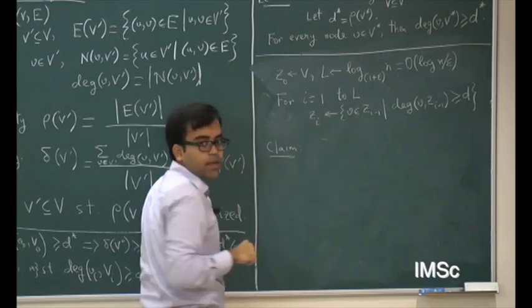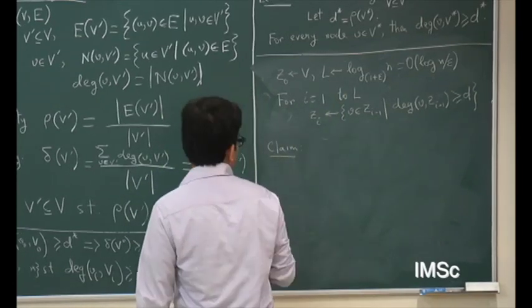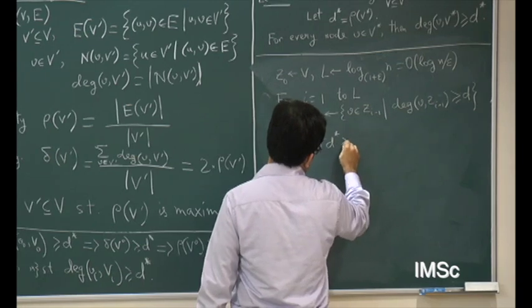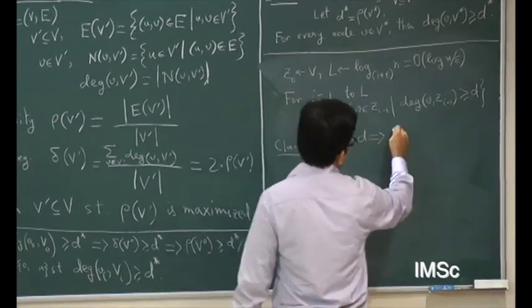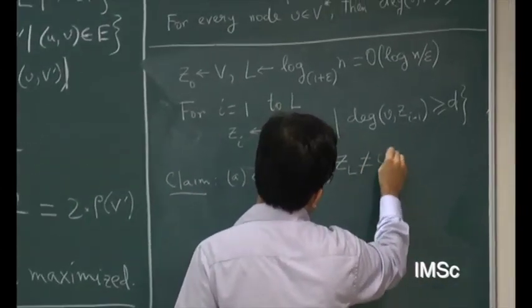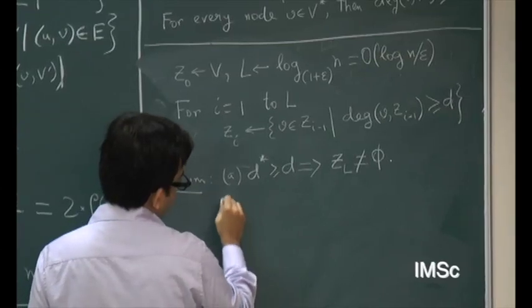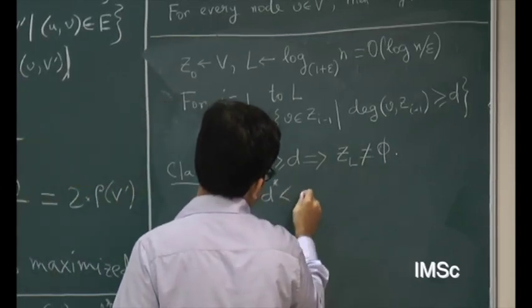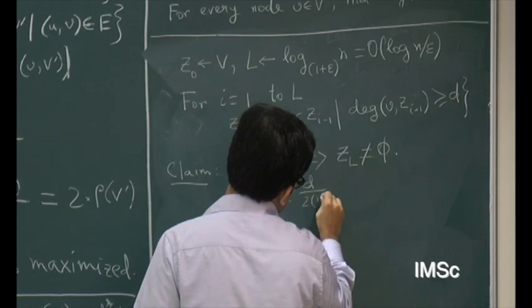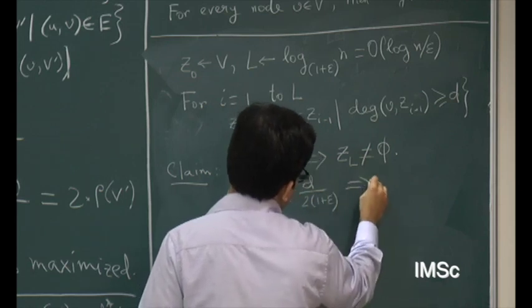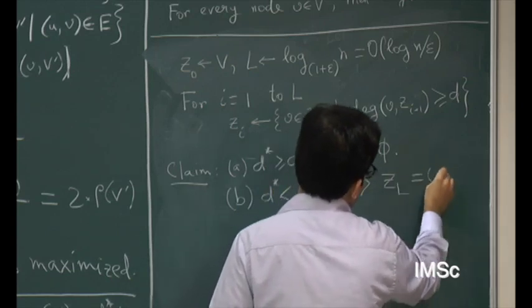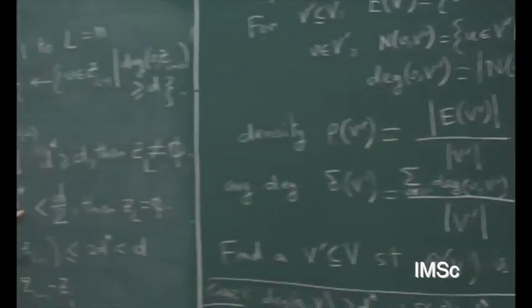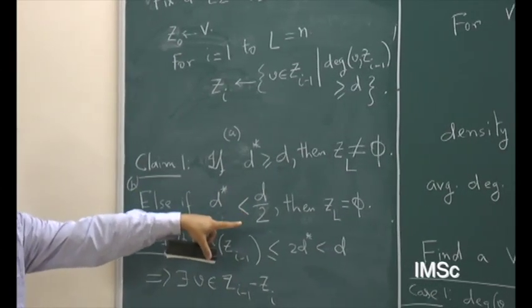We have just reduced L to be log n. And now the claim is, this implies B. So we have just modified part B by saying else if D star is less than D over 2 into 1 plus epsilon. Everything else is the same.